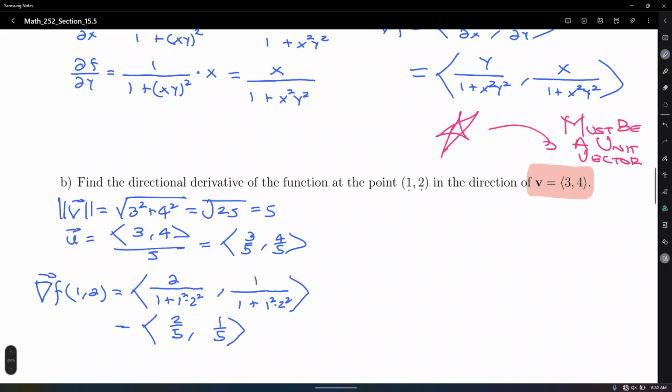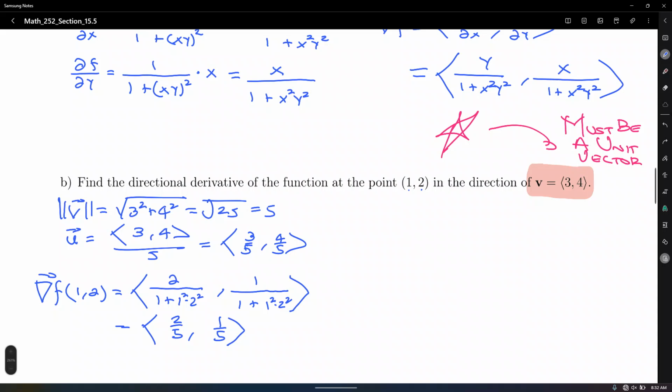However, this gradient, which gives us the partial derivatives in the directions of x and y respectively, doesn't necessarily have to be a unit vector, because that's actually the first component. Again, that's the actual rate of change in the x direction, and the y component is the rate of change in the y direction.